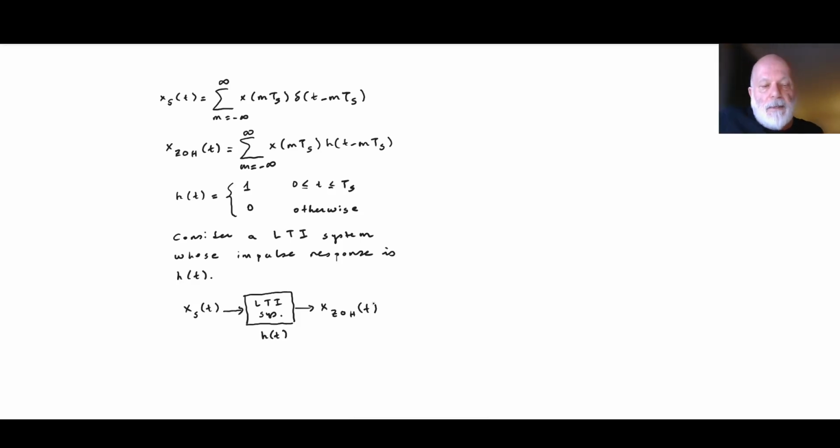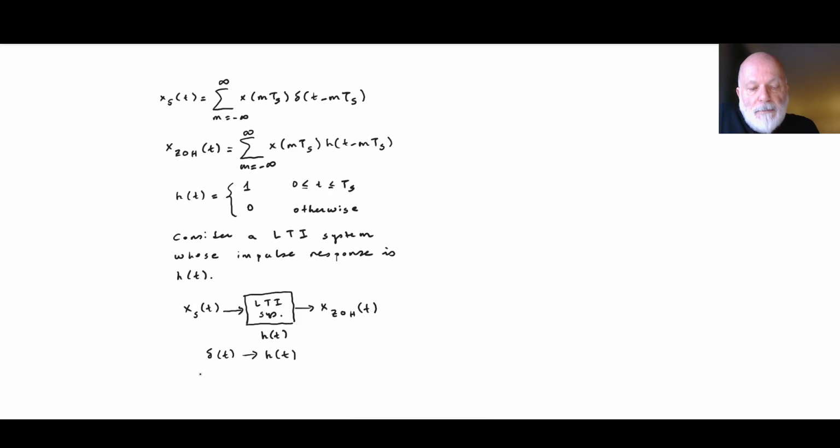Now, how do we obtain the output x ZOH of t for this configuration? Because we know that delta of t will give us h of t. If we apply an impulse at the input, the output is h of t.